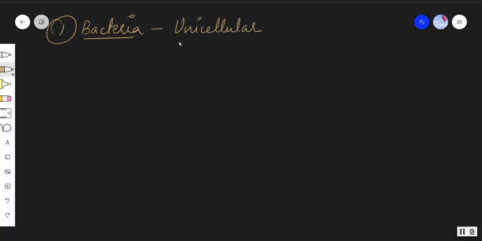Let's erase this first. Okay, now starting with the first, that is bacteria. So bacteria, let's take up the normal features of bacteria that we are going to discuss first. The bacteria are unicellular. Okay, these are unicellular, prokaryotic.